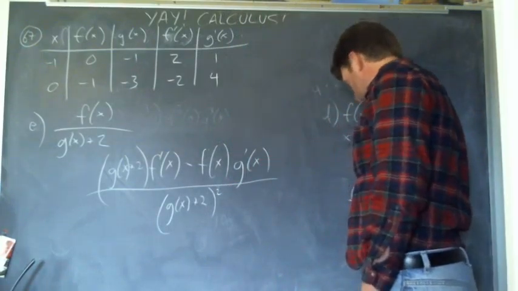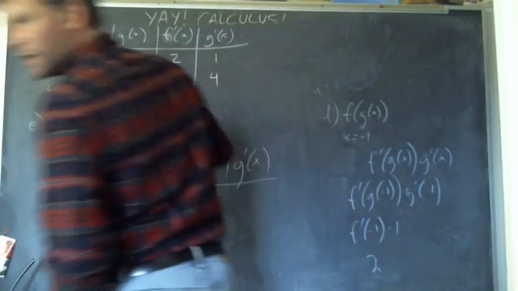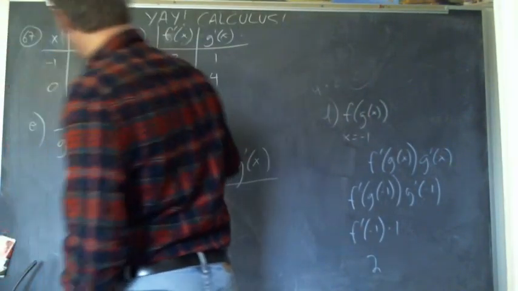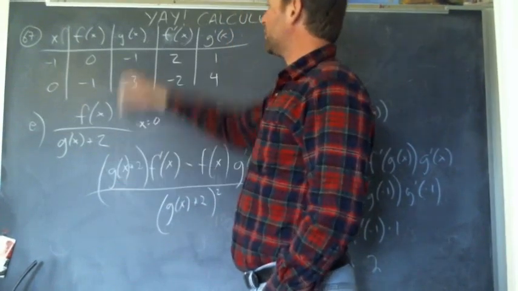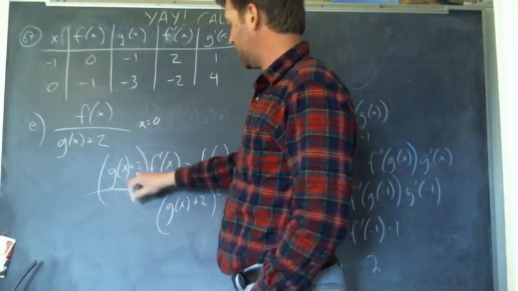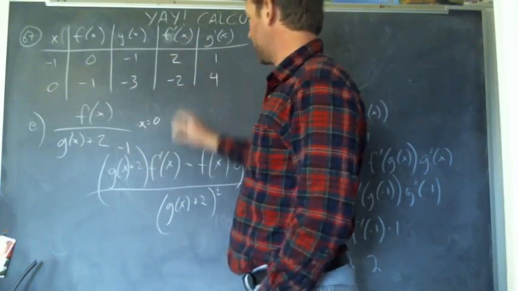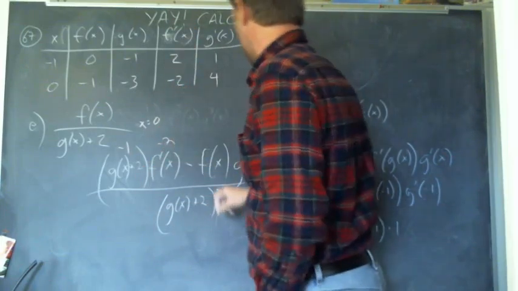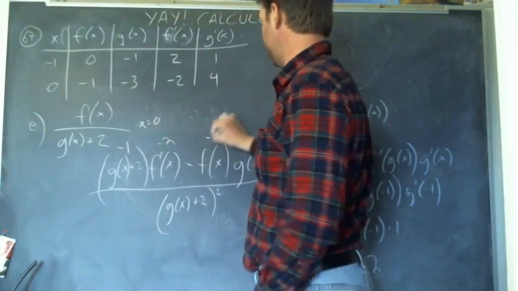Let's go through some evaluation here. E was being evaluated at x equals 0. So g of 0 is -3, plus 2 is -1. F prime of 0 is -2. F of 0 is -1.